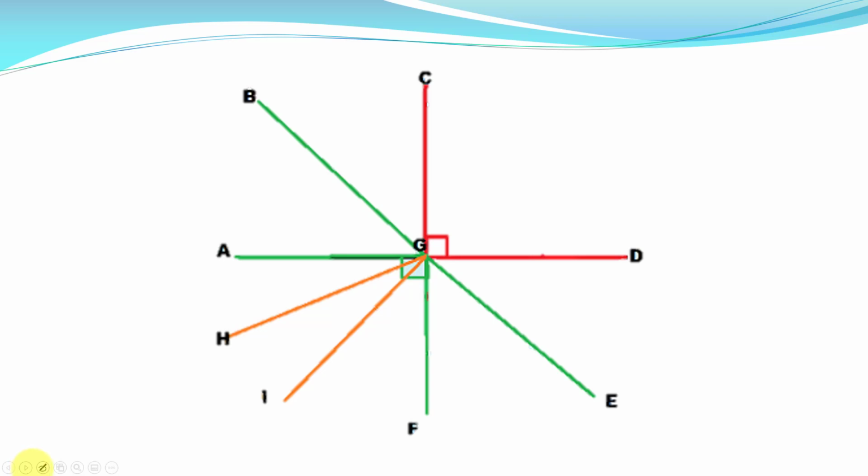All right, let's look at this example. We've got bunches of angles here. So let me just ask you, how would you name this angle? That could be angle BGA. You could also call it angle AGB. All right, let's try another one. How about this angle?